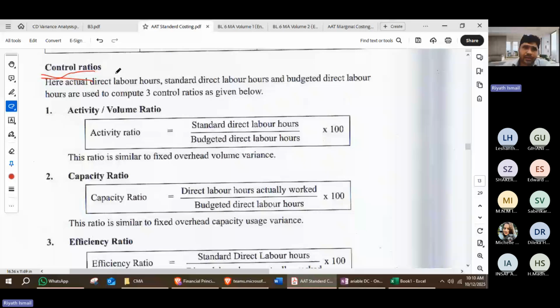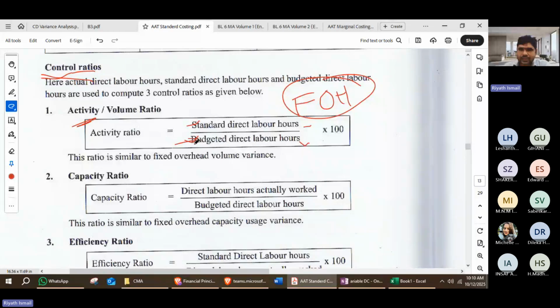Activity or volume ratio. We use here standard labor hours and budgeted direct labor hours. It's regarding the fixed overhead cost: standard direct labor hours over budgeted direct labor hours into 100. That is called the activity ratio.